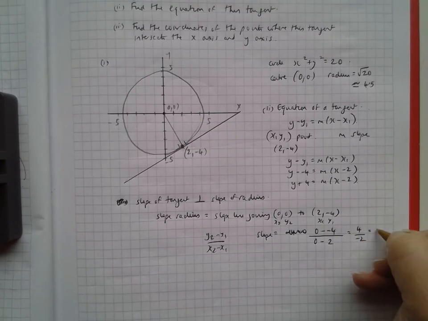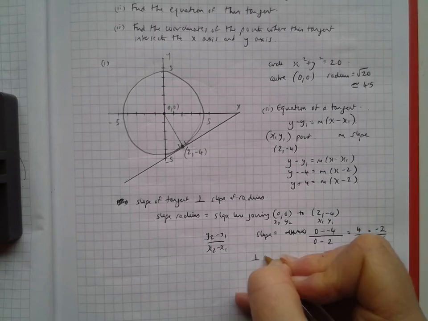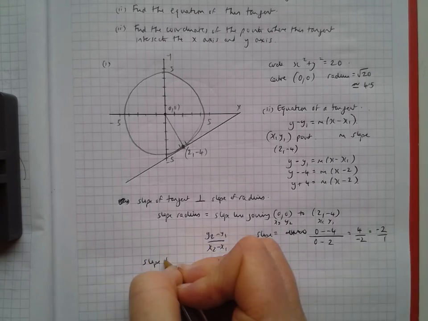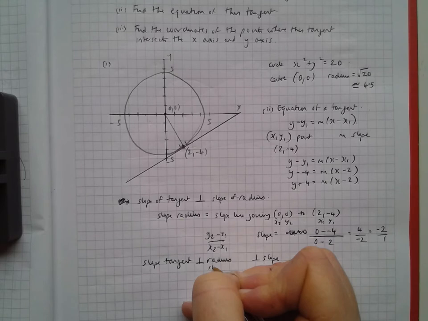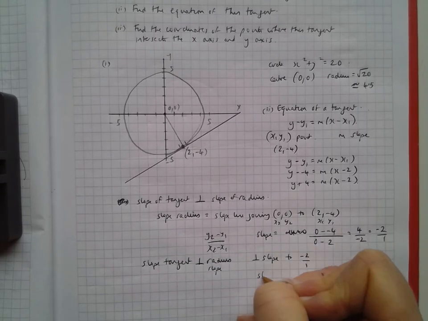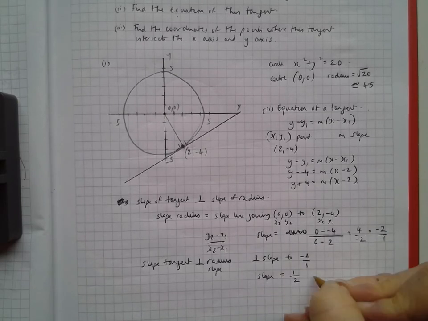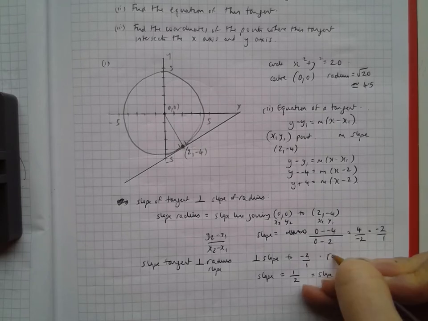So my perpendicular slope, okay, so the slope of the tangent is perpendicular to the radius slope. So the perpendicular slope to minus 2 over 1 is a slope of 1 over 2. So that's the slope of my tangent. So the slope of the radius is minus 2 over 1. The slope of the tangent is 1 over 2.